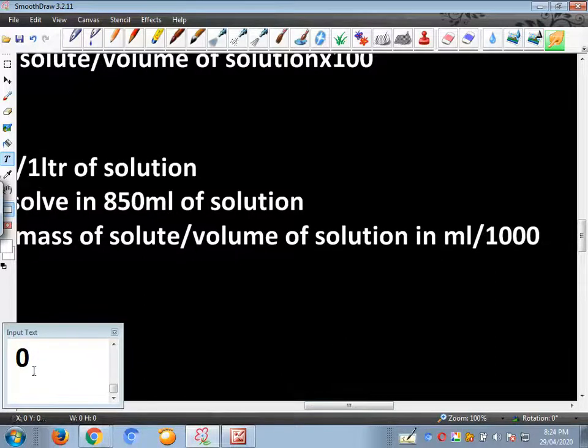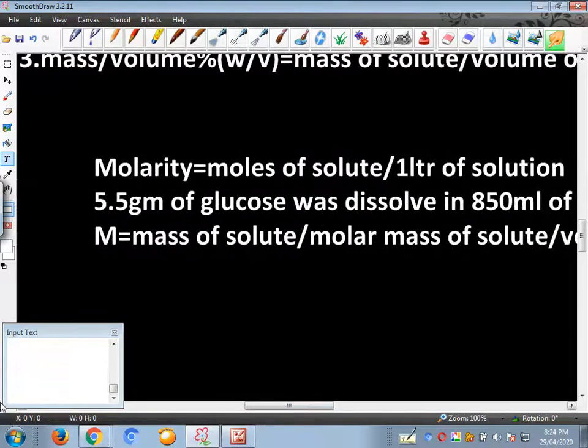So when I apply this formula to the above problem, what will be the formula? Molarity is equal to, mass of solute given is 5.5, divided by molar mass of solute. So which is the solute here? Glucose.